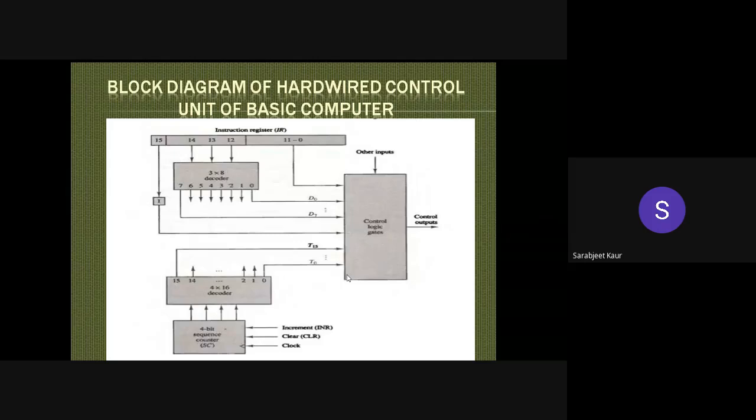So after the completion of each instruction, what would we like to do? We would like to set the sequence counter back to 0 so that it can start the timing signal T0 for the next instruction. You will see this in the next class when I start talking about the implementation of the instructions.